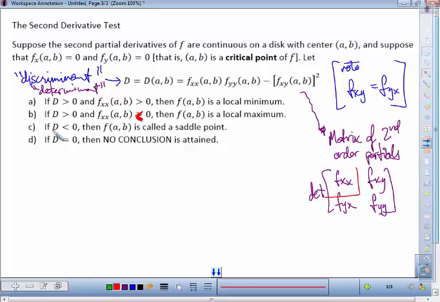It could be a max, it could be a min, it could be a saddle, and we don't know because this particular second derivative test does not tell us that information. Okay?